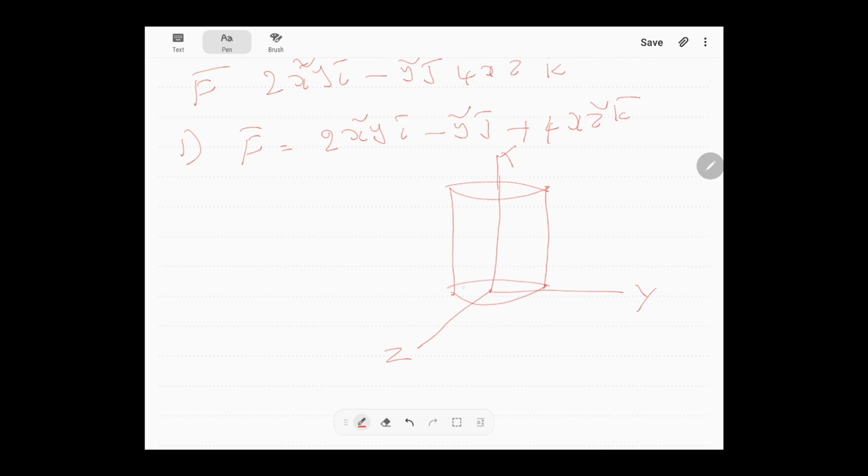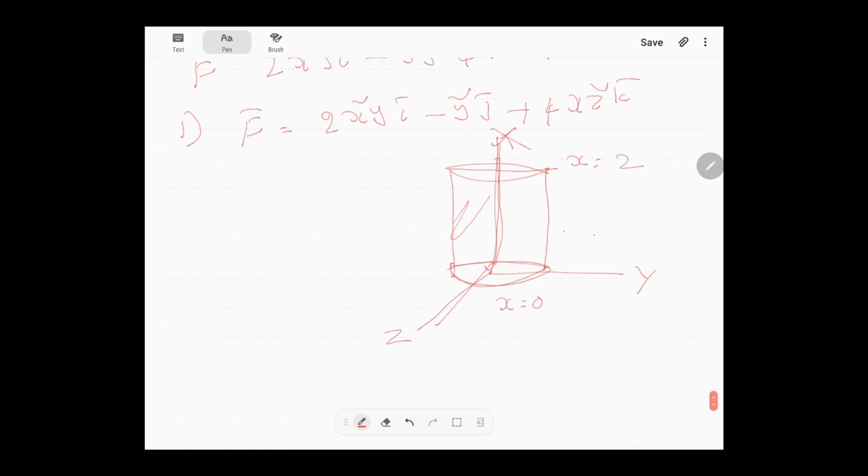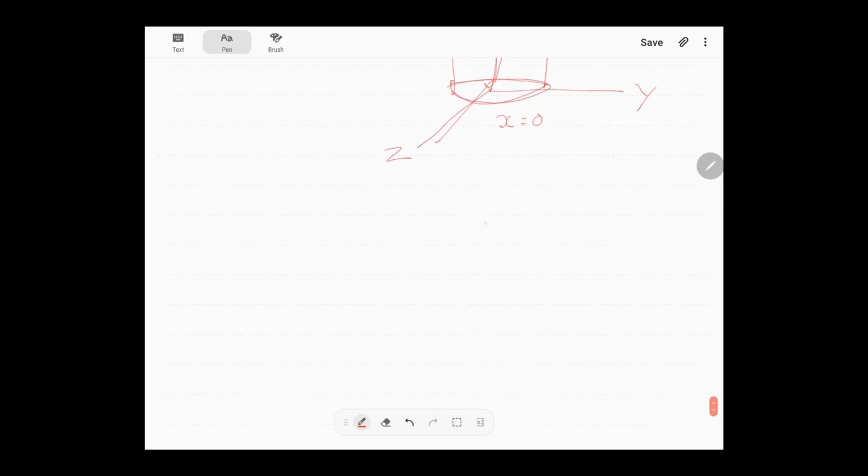It will be like this, but it is bounded by the planes x equal to 0, x equal to 2, and y equal to 0, which is the zx plane, and also z equal to 0, that is the xy plane. So after cutting this part, I am writing the actual picture.